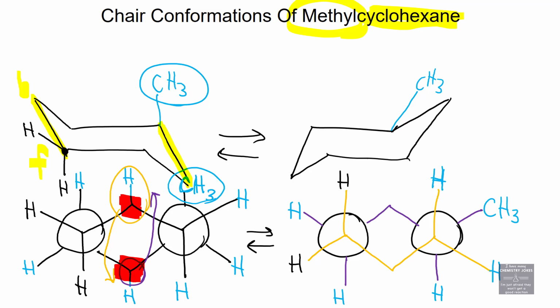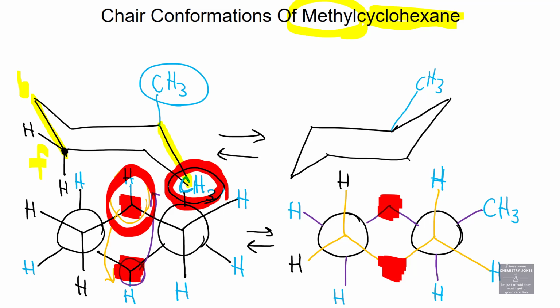In fact, they're gauche in both Newman projections. But there's an extra gauche interaction between this ring carbon and this methyl when that methyl is axial. When the methyl is equatorial, not so much.